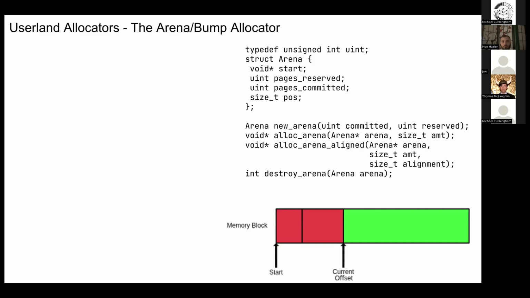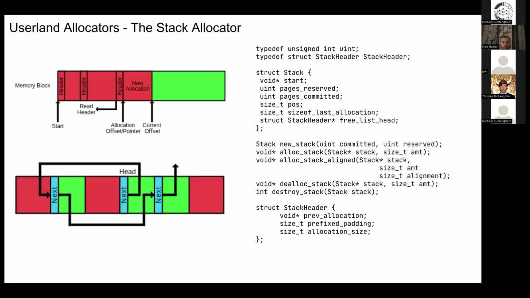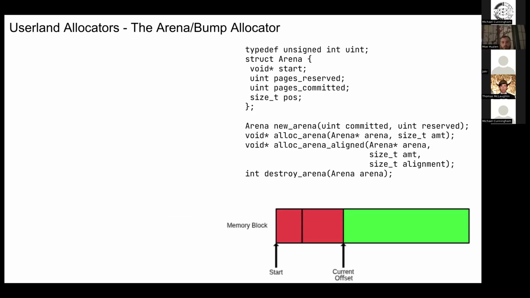So this is the simplest way we might imagine doing things. But we can also make it a little bit more complicated, right? Because one of the limitations of the arena is that once you allocate something, the amount of memory you're using only keeps growing. There's no way to reuse existing memory or to bump stuff off in an organized way.